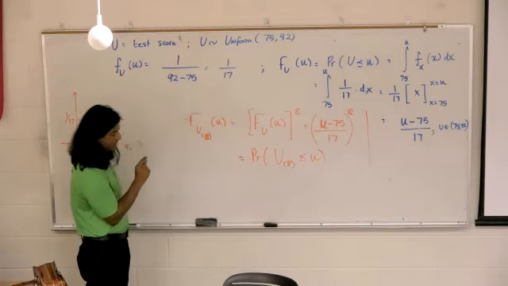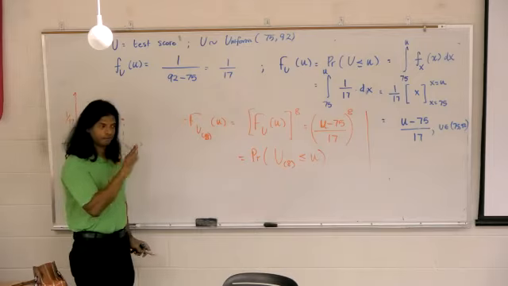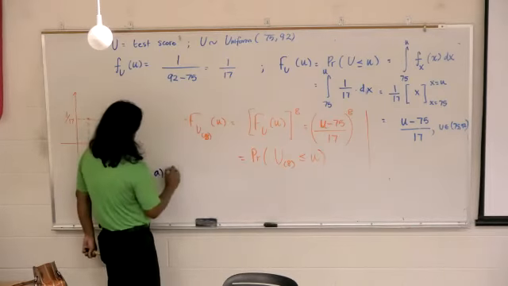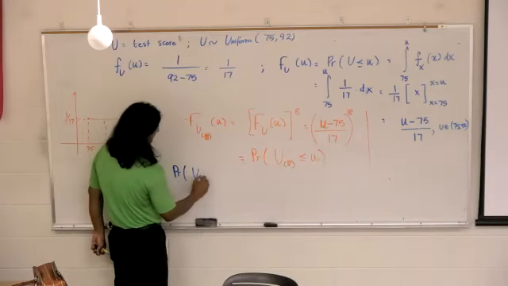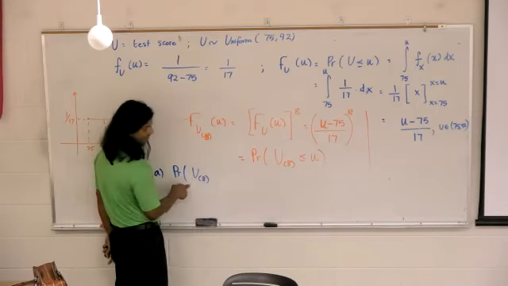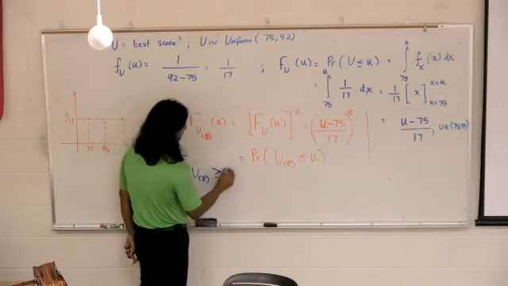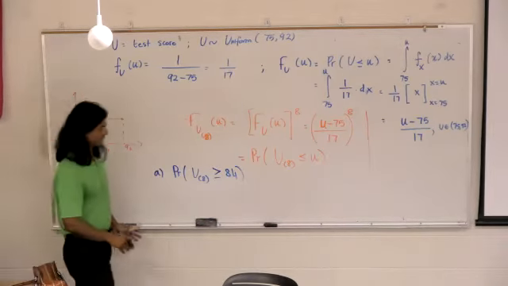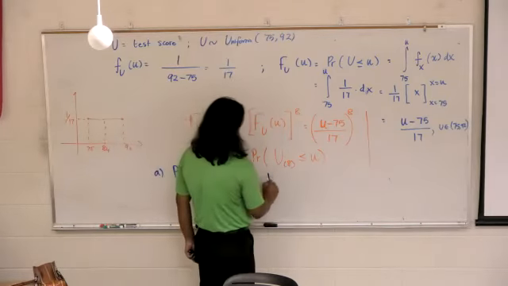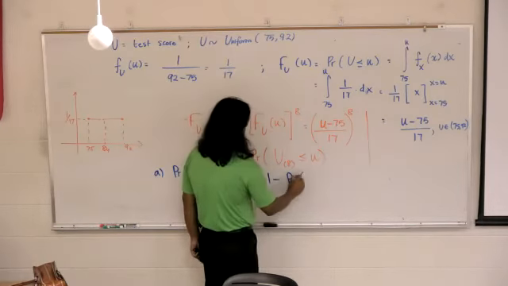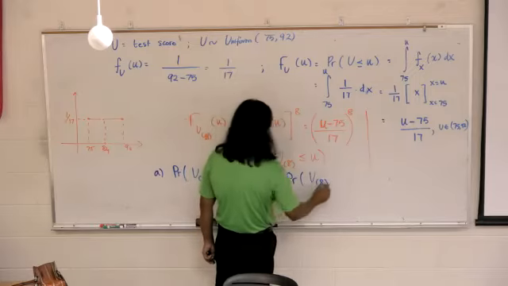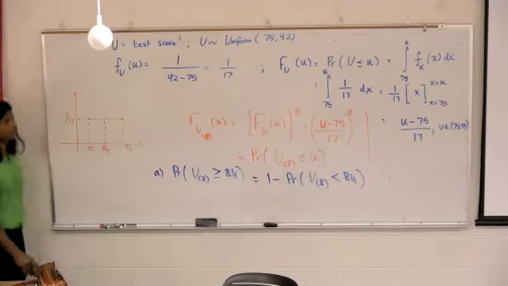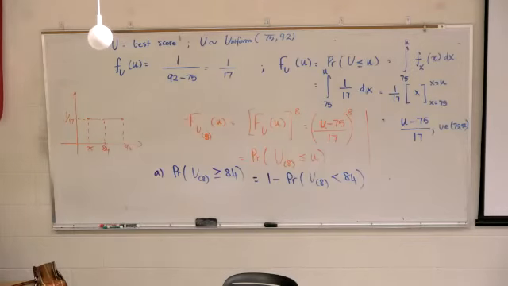So what would we get in our case? For the very first question, at least 84: the probability that the maximum is greater than or equal to 84. Whether you put greater than or equal to or greater than, they are all the same. I can write it as 1 minus the probability the maximum is less than 84. Less than or equal to doesn't matter, we're dealing with continuous data here.